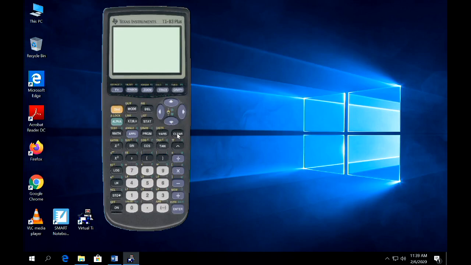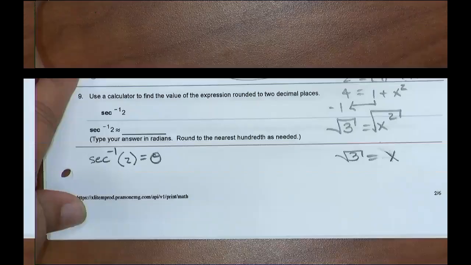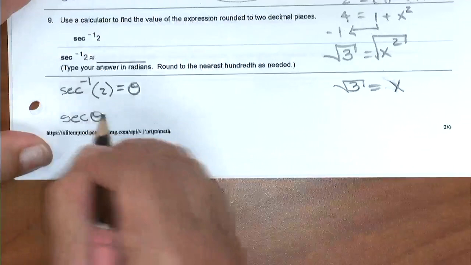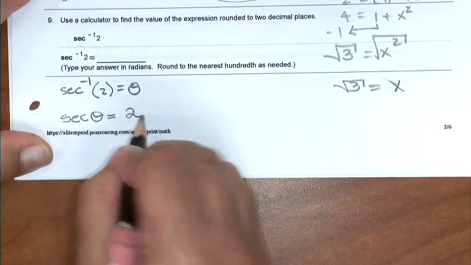We're going to go inverse secant of 2 is equal to some unknown angle, even though we're using our calculator. We're going to get rid of the inverse key by going secant of theta is equal to 2.